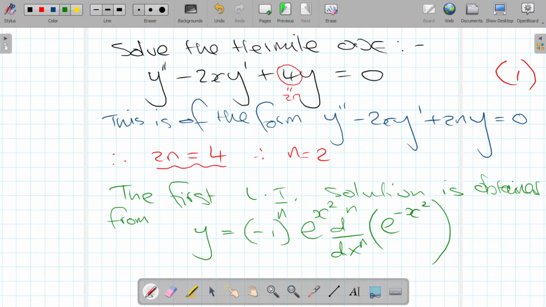We know that n is equal to 2. So we substitute n equals 2 into equation 2, as we'll call it.